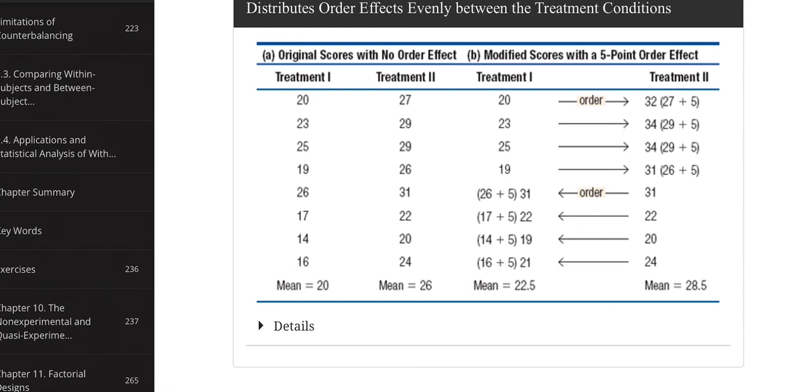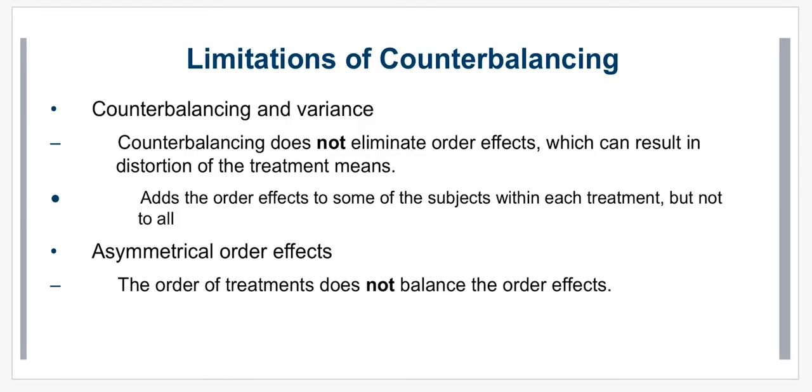Right? And so instead of adding 5s in this treatment 1 column, you'd be adding 10s to the treatment 1 column. That obviously would be a problem, because that would contradict the whole point of the counterbalancing. It's not actually eliminating or balancing any of the order effects there. It's not doing what you're intending for it to do.